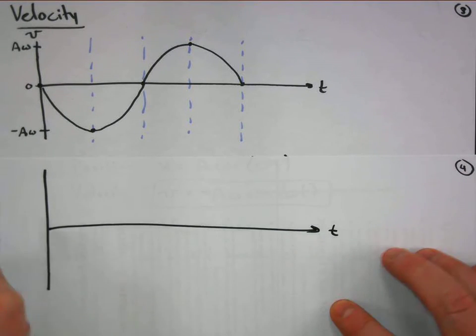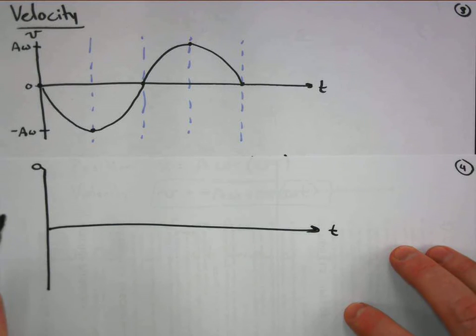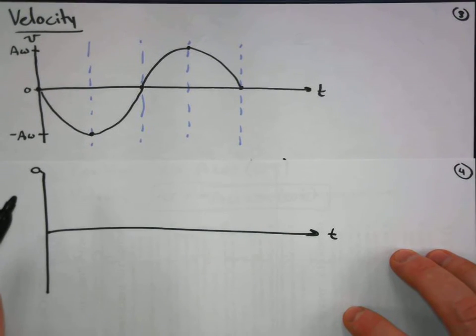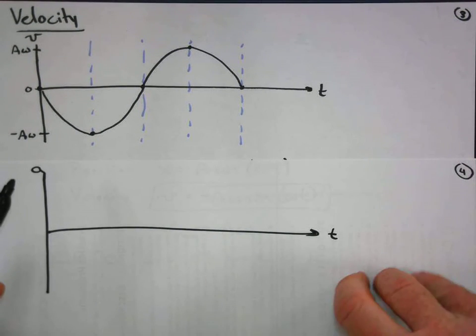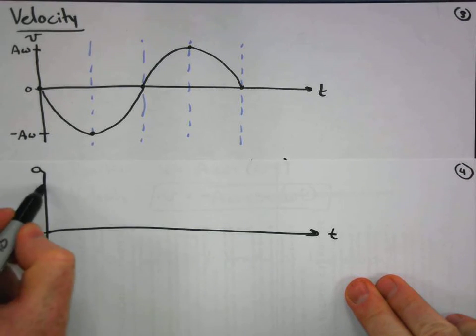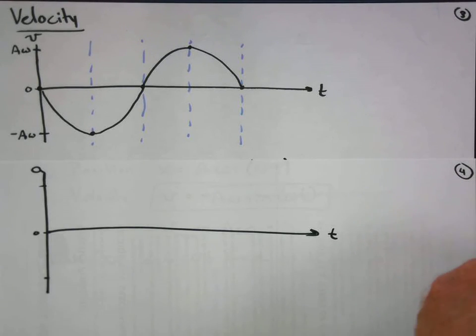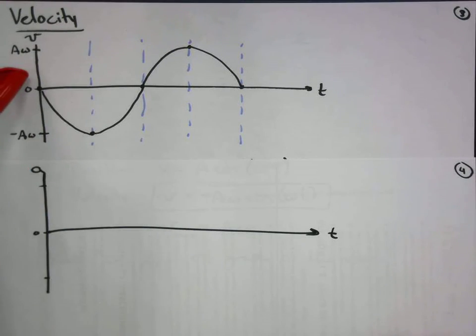Not very straight on that line, but you get the idea. So now this is an acceleration time graph, and this is kind of weird. We never really dealt with acceleration time graphs very much, but it's worth doing here. We'll have an acceleration of 0. We'll have some maximum and some minimum value of acceleration, and so the slope of the velocity time graph.